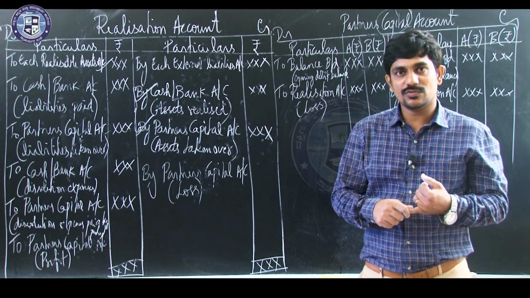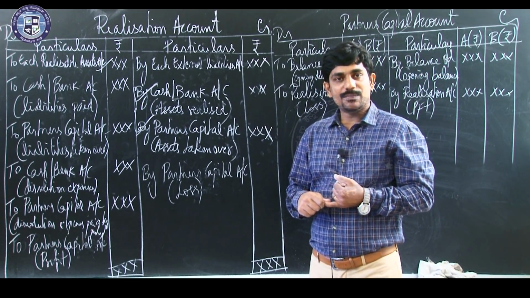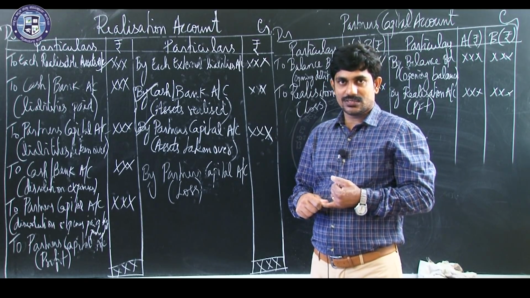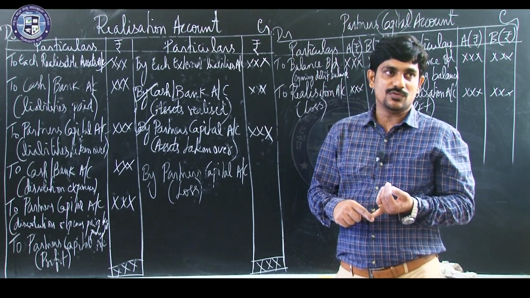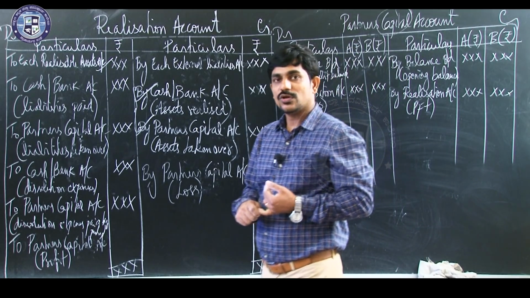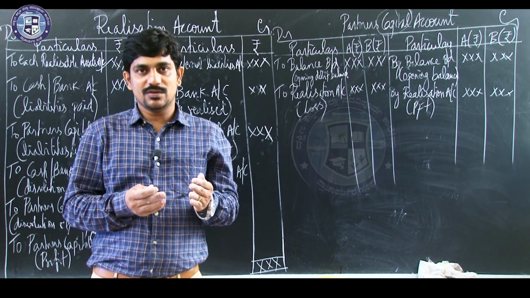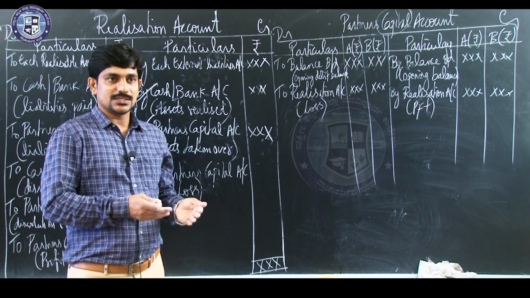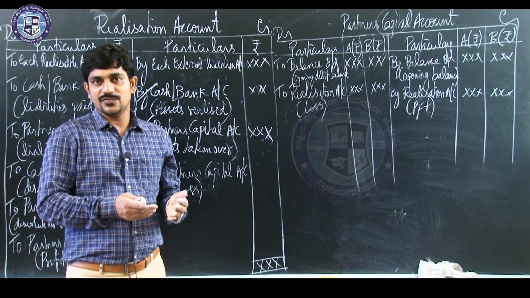Now reserve will be there under the liability side of the balance sheet, general reserve or reserve fund they will give. So reserve means what? Out of the profit, a certain portion of the money is kept as a reserve for future purposes, because the future is uncertain.